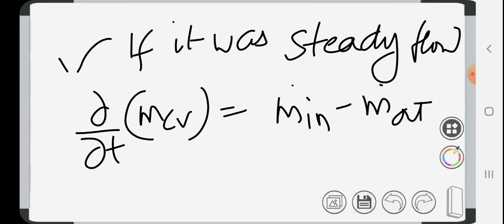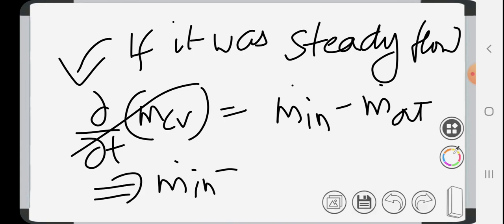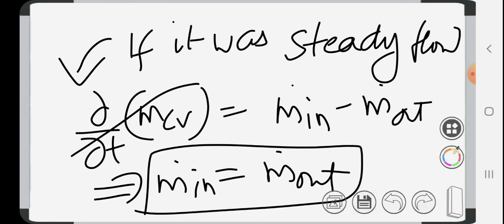If steady flow, then this term will be 0 because nothing will change with respect to time. That is the idea behind steady. This gives m dot in equal to m dot out. So for a steady flow, the rate of mass influx will be equal to the rate of mass outflow.